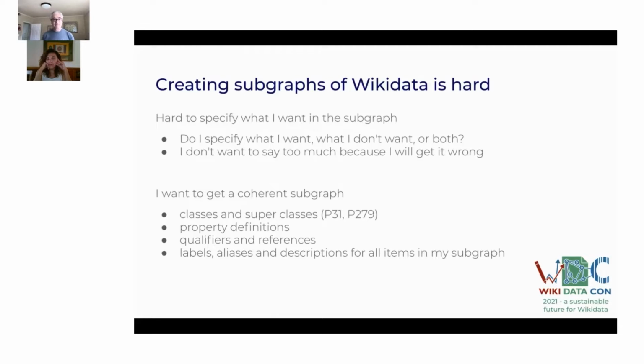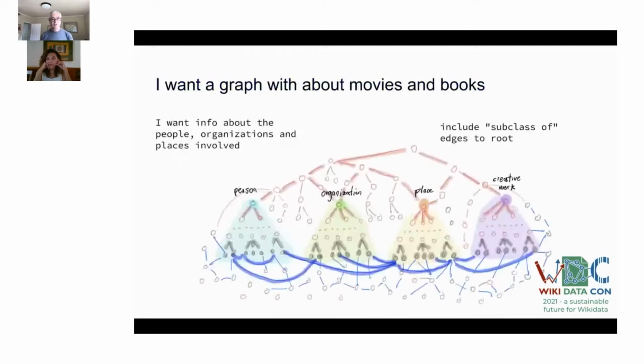So here's an example. Suppose I want a graph about movies and books. I want information about the people, organizations, and places involved in these movies and books. Imagine this graphic is all of Wikidata.